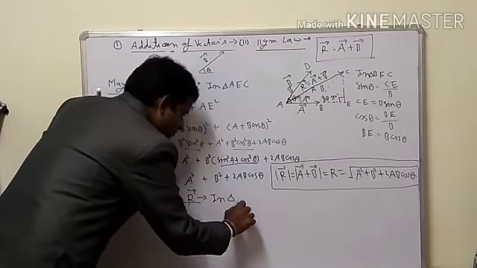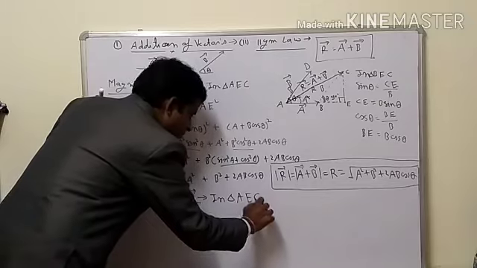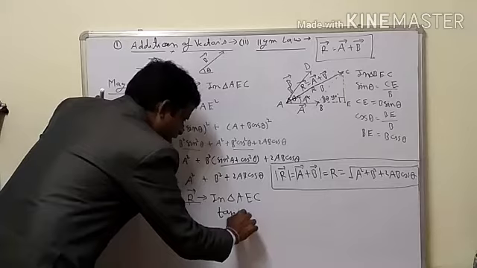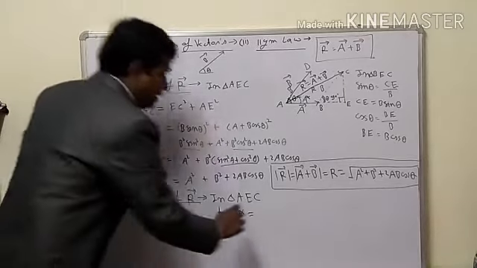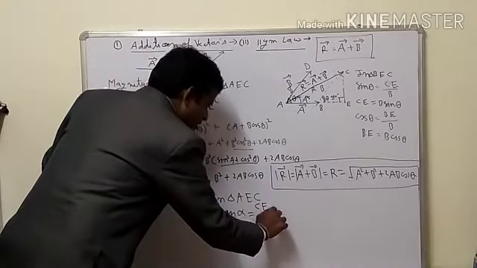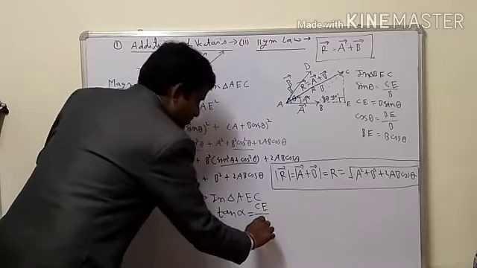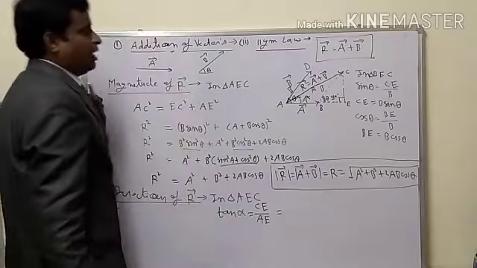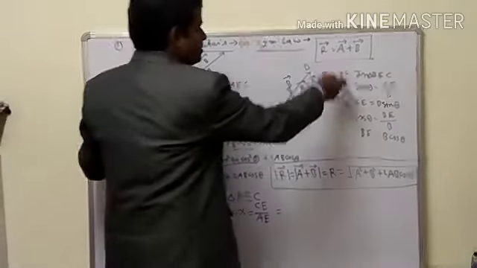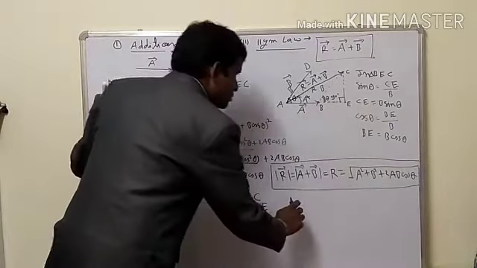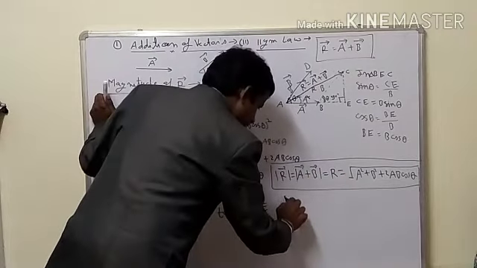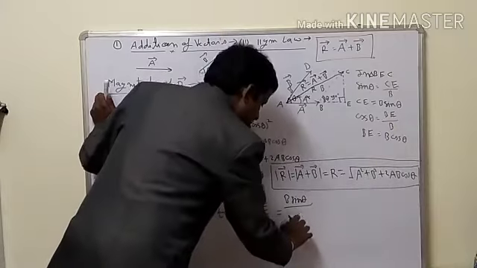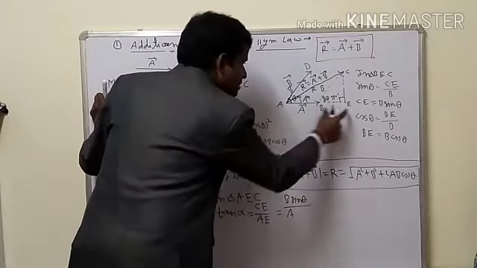In triangle AEC, by using trigonometry, tan alpha is equal to perpendicular, meaning CE, upon base, meaning AE. By using the values of CE and AE: CE is B sin theta, and AE will be A plus B cos theta.